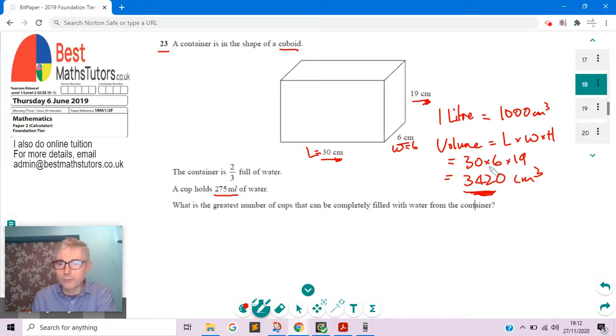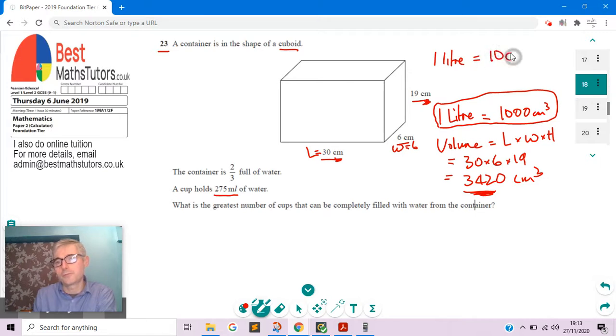And we know that since 1 litre is equal to 1,000 centimetres cubed, and since 1 litre is also equal to 1,000 millilitres, then really, if we've got the answer in centimetres cubed, we can just write it in millilitres.